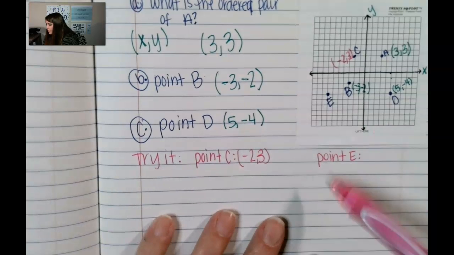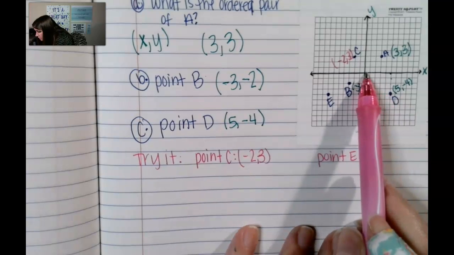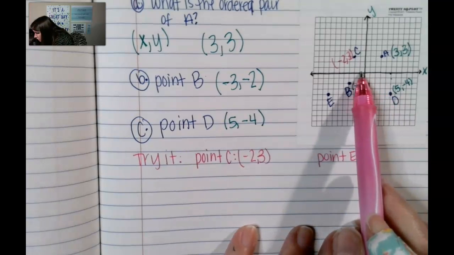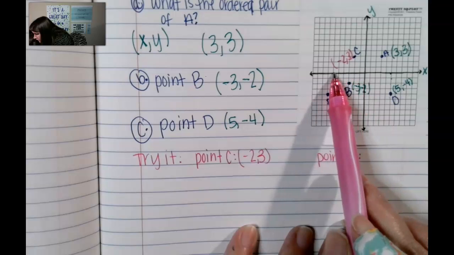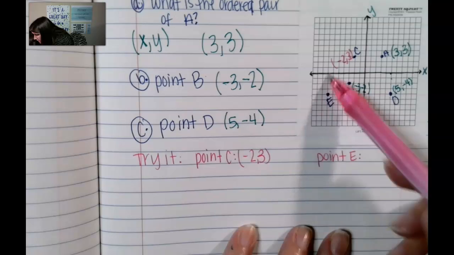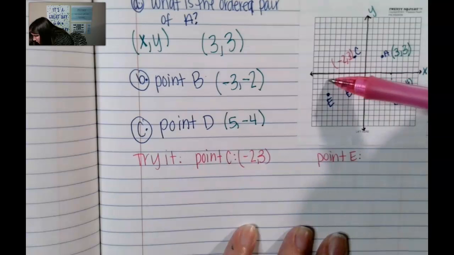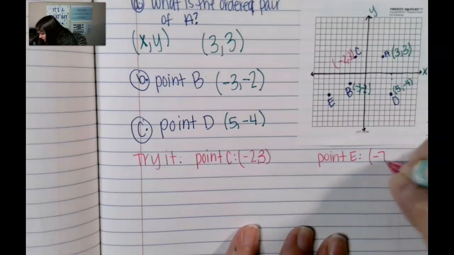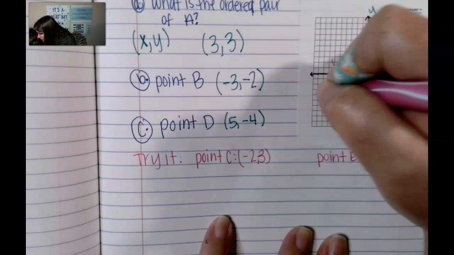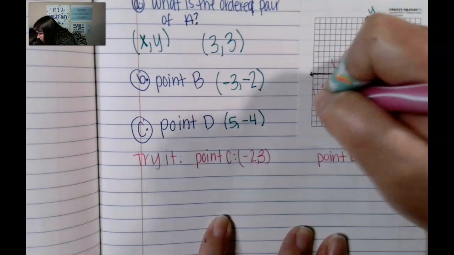Point E, again, it started at 0, 0, and I'm going to go over -1, -2, -3, -4, -5, -6, -7. So -7, and down 1, 2, 3, 4, -4. -7, -4. That is the ordered pair.